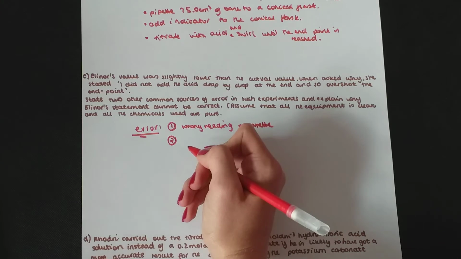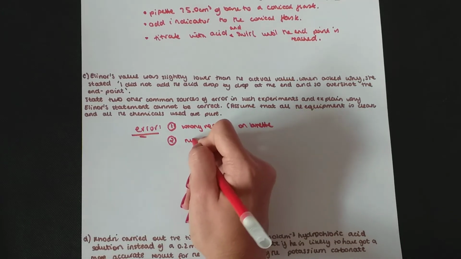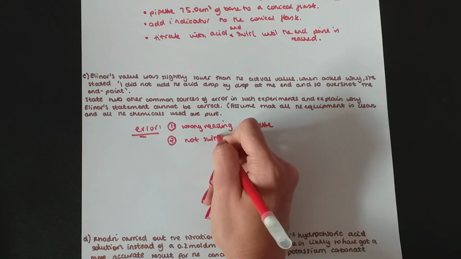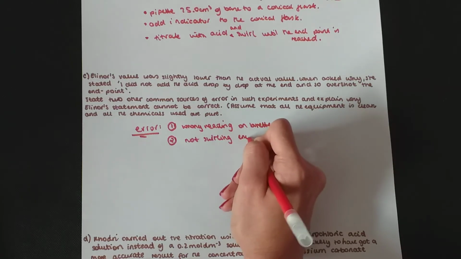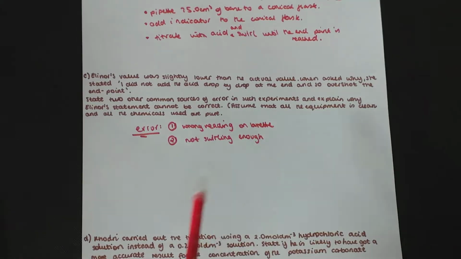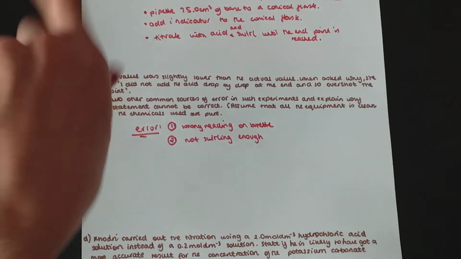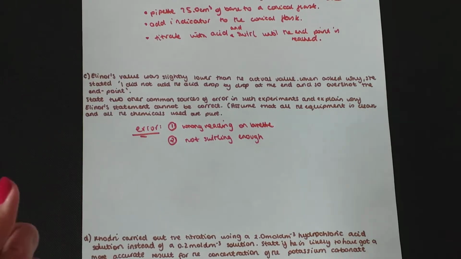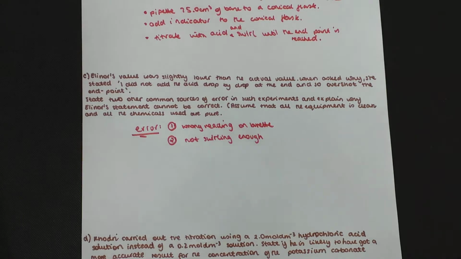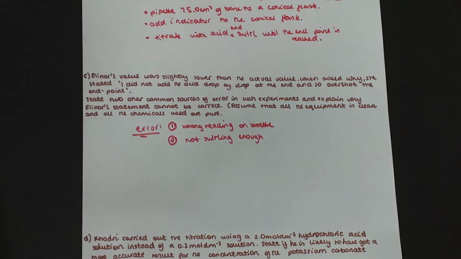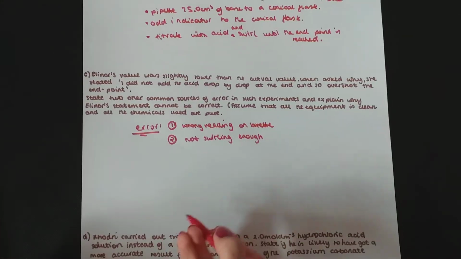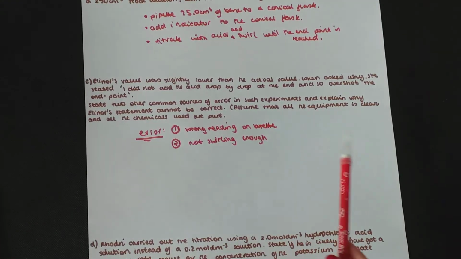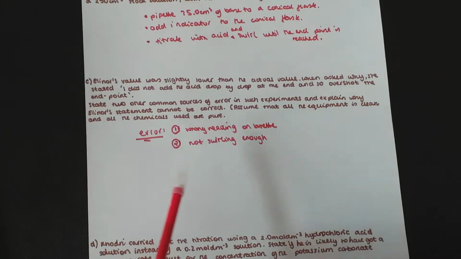Another error that could occur is not swirling enough, or more than one person swirling, because everyone has a different way of swirling. One person can swirl it faster, the other one can swirl it slower, and then the amount added might differ slightly. We're also asked to state why Eleanor's statement cannot be correct.